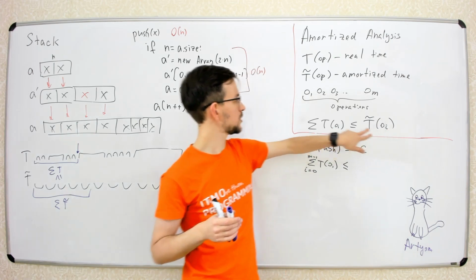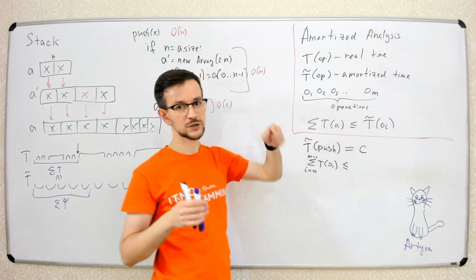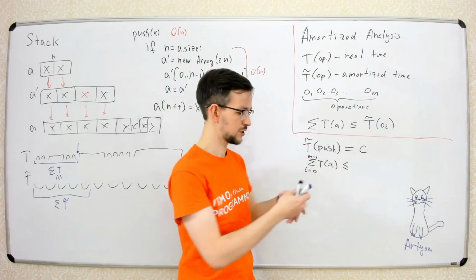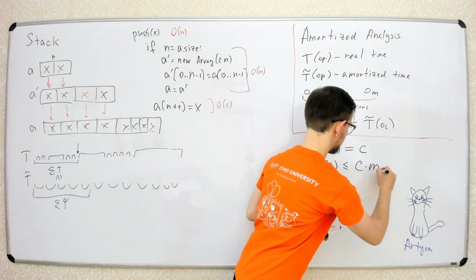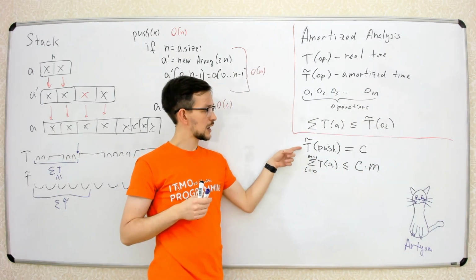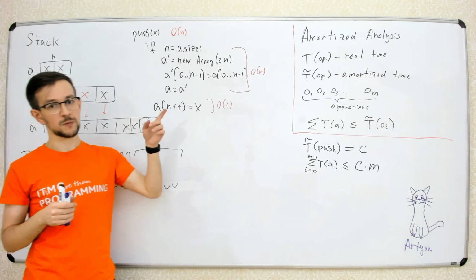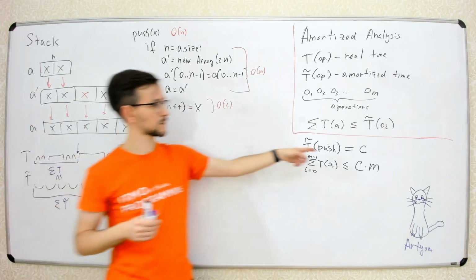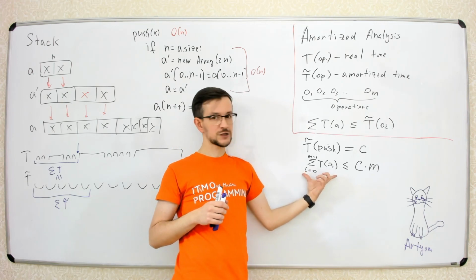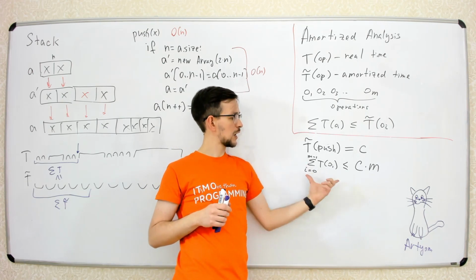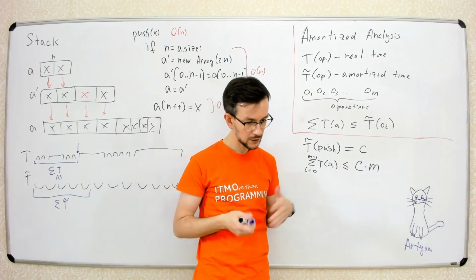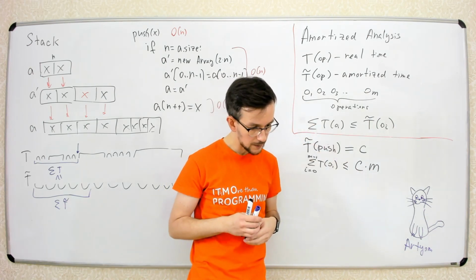And this sum is just the sum of m terms each equal to C, so this sum equals C multiplied by m. So I just need to prove that for each sequence of m operations, the total time complexity will be no more than C multiplied by m. That's just by definition of amortized time.